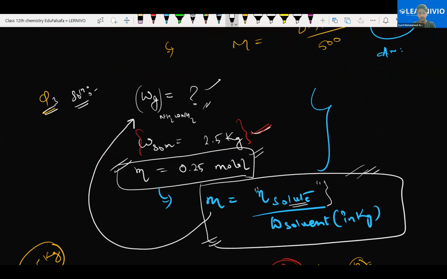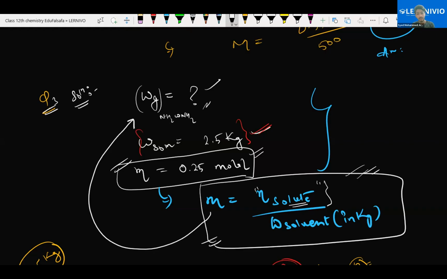The first thing is you need to write the given data. If you are able to understand what the question is asking you, and what data is given to you, then half of the question is already solved. You need to build a bridge between the given data and the unknown thing which is asked, and for that you need to write every possible piece of information around the given data.